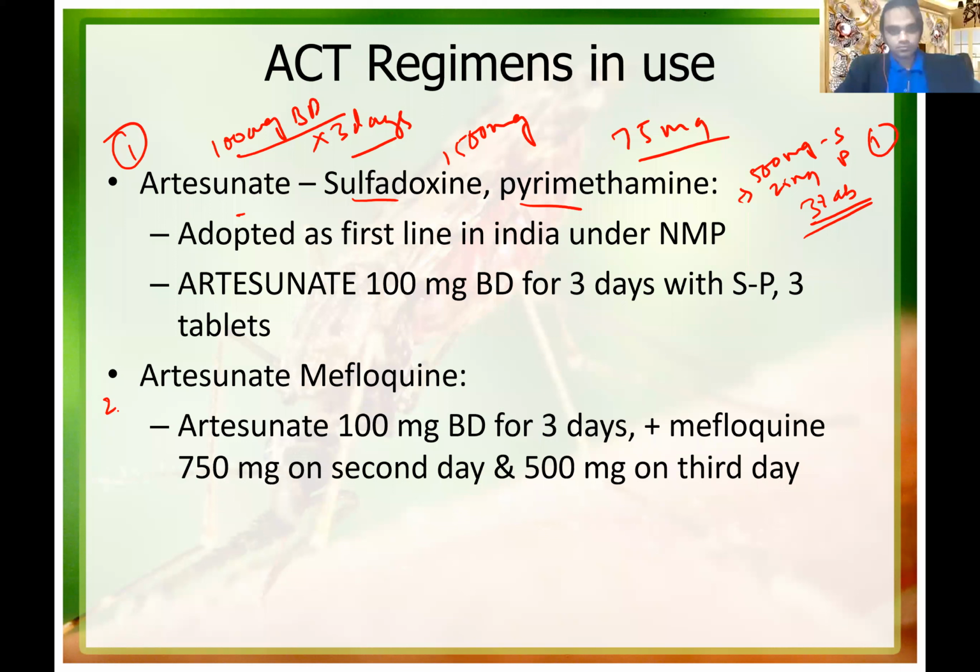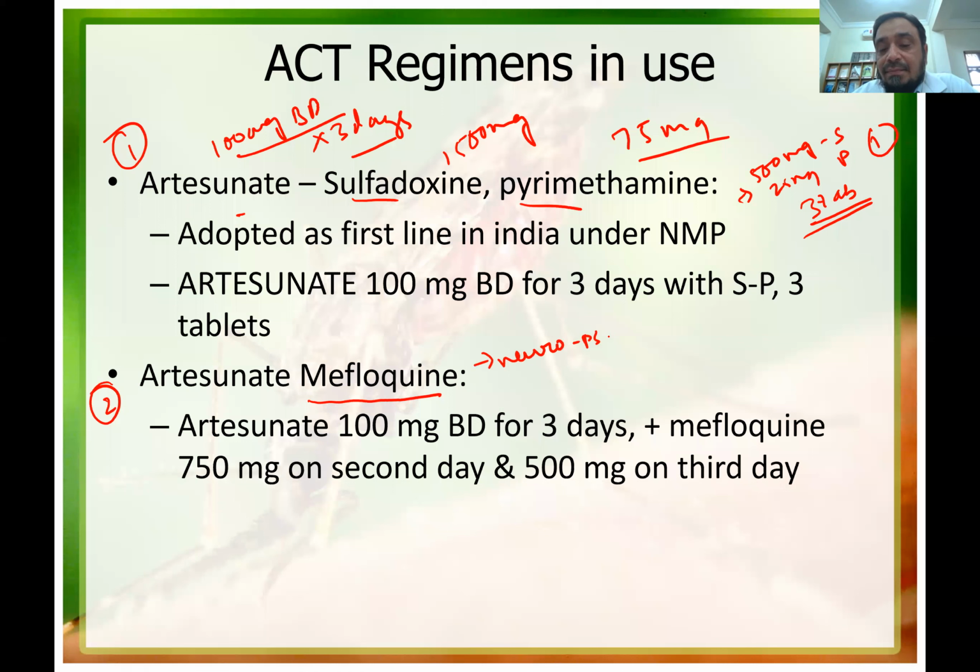Second ACT is artesunate and mefloquine, but it is not preferred because of the adverse effect of mefloquine. Which adverse effect? Neuropsychiatric adverse effects. That is why this combination is not so preferred in India.